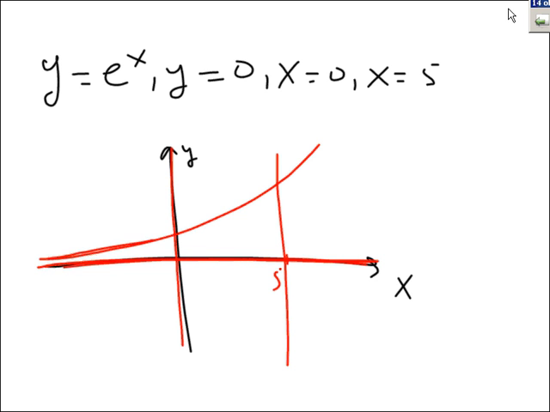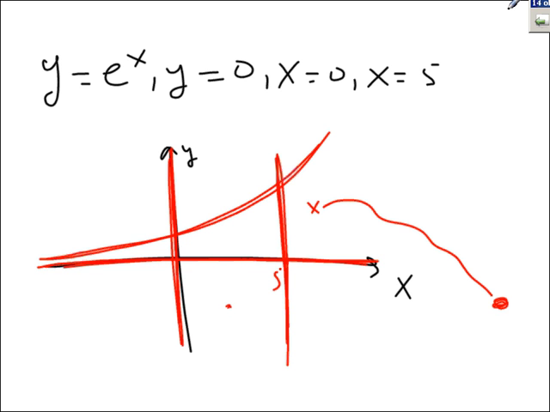So we want the area bounded by what you see in red. That is, the area that you want needs to be trapped. You can't go anywhere. For example, you can't go to that point there if you're in that area. If you're over here, you can go there. If you're over here, well, you can go there.